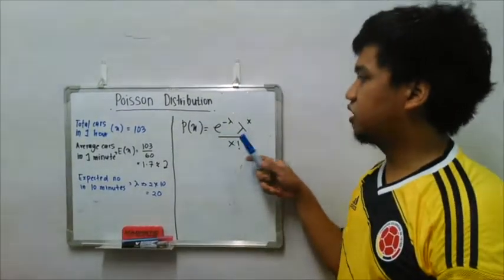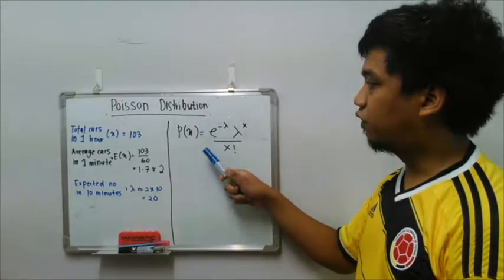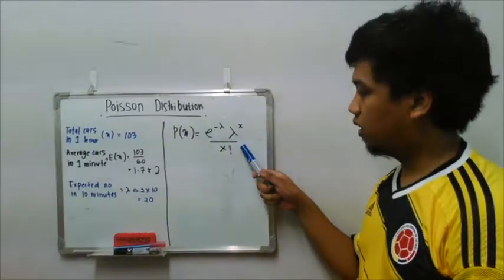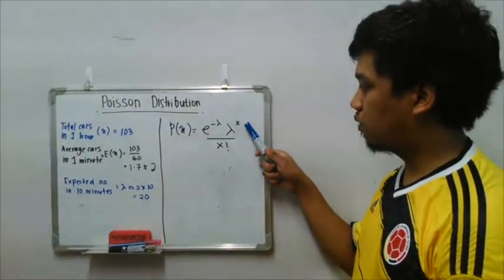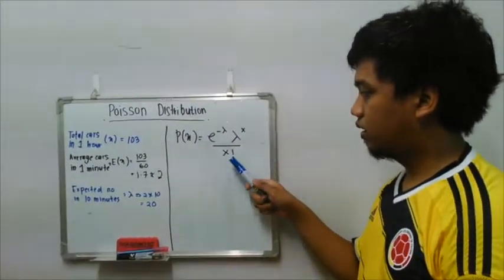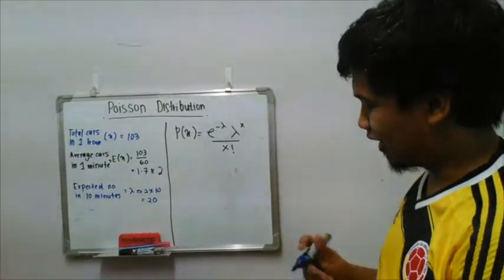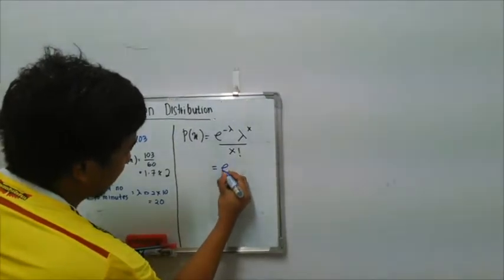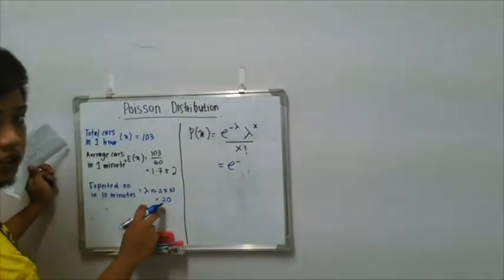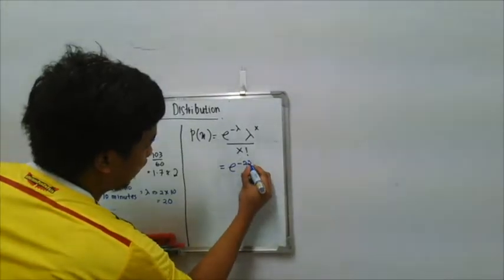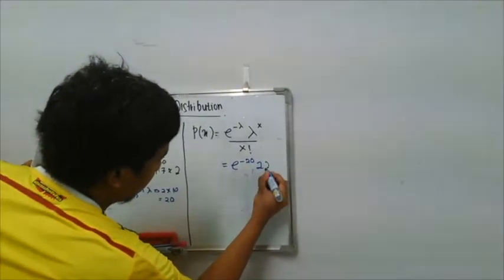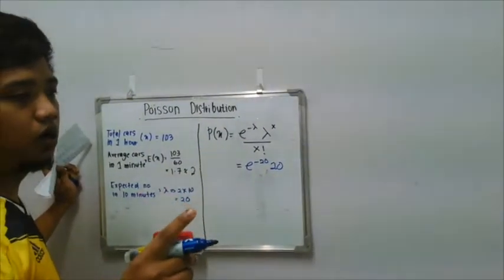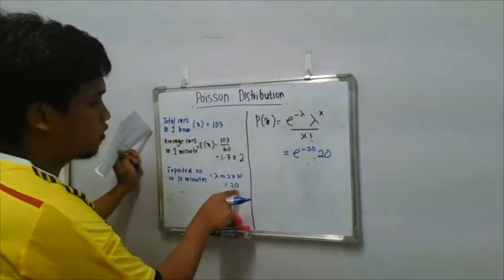So this is the given function for Poisson, which is e to the power of negative lambda times lambda to the power of x over x factorial. Here lambda equals 20, so e to the power of negative 20. x also equals 20 because we want the expected number of cars in 10 minutes, which is 20.